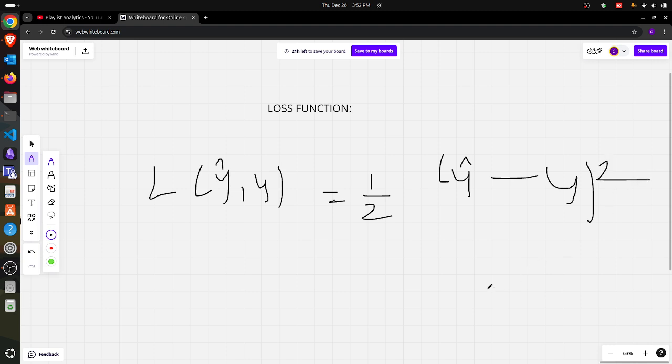So you could do this, but in logistic regression, people don't usually do this, because when you come to learn parameters, you find that the optimization problem, which we will go through later, becomes non-convex.